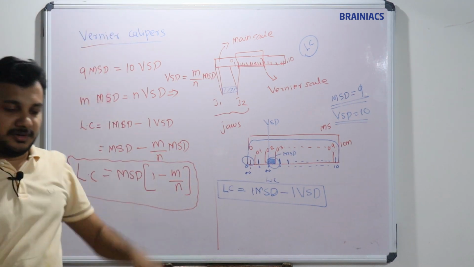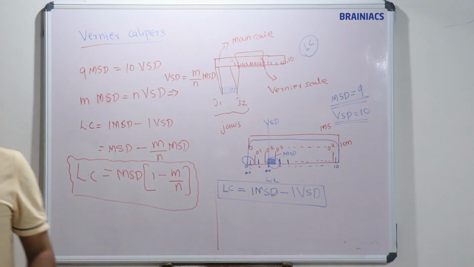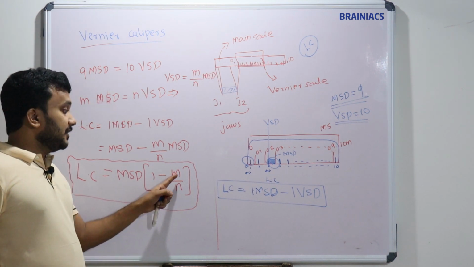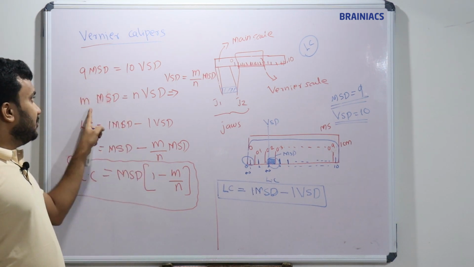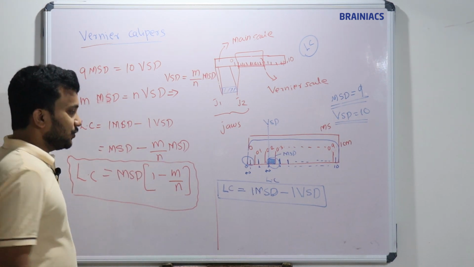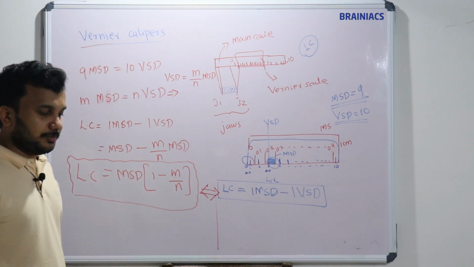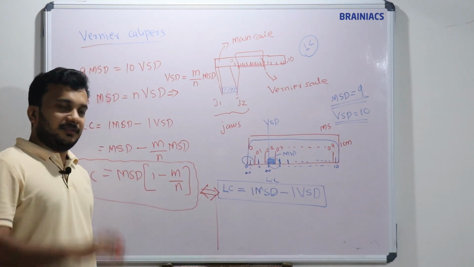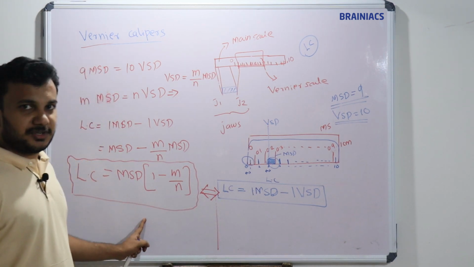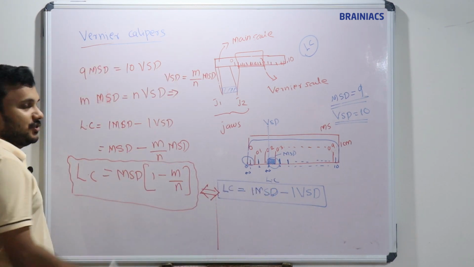So as per this formula, least count equals MSD into 1 minus M by N. M is the main scale divisions and N is the vernier scale divisions. These two are like brother and sister, which means they look different but come from the same family. This equation is equal to these equations. First we got this equation, and from this one we derived these equations.